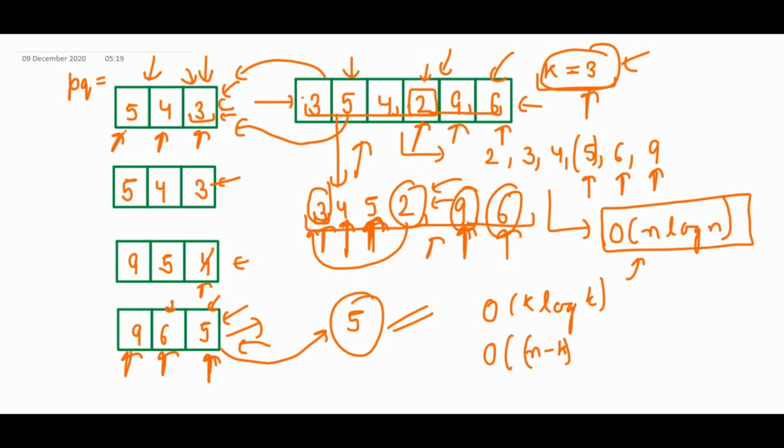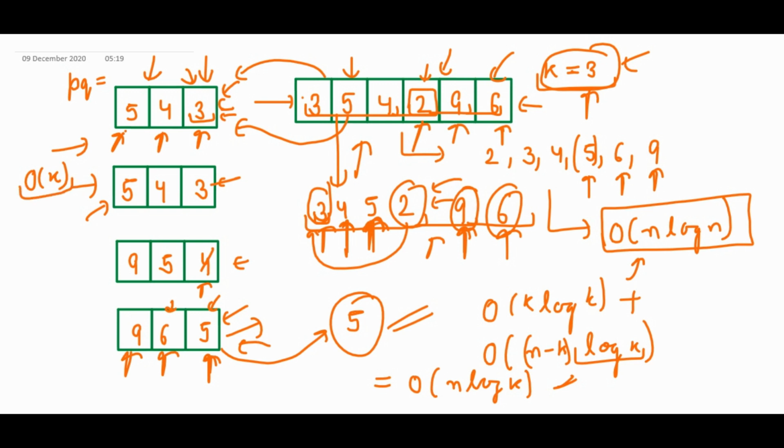That will also take log k time each, because adding a number in a priority queue takes log k time as there are k elements in it. So the total time complexity will be O(n log k). If we want to find the space complexity, that will be O(k) only, because we are using a k-size priority queue, so the auxiliary space is O(k).